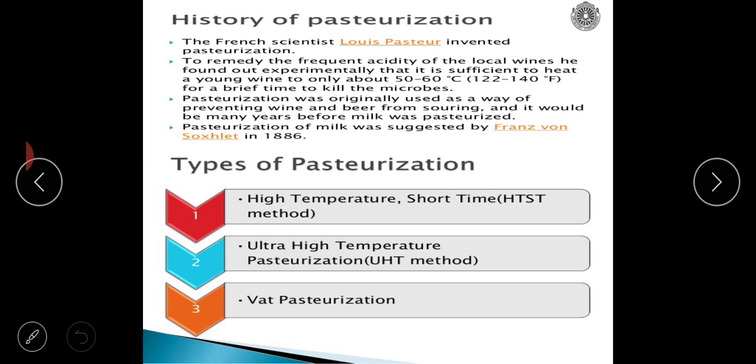History of pasteurization. The French scientist Louis Pasteur invented pasteurization to remedy the frequent acidity of the local wines.